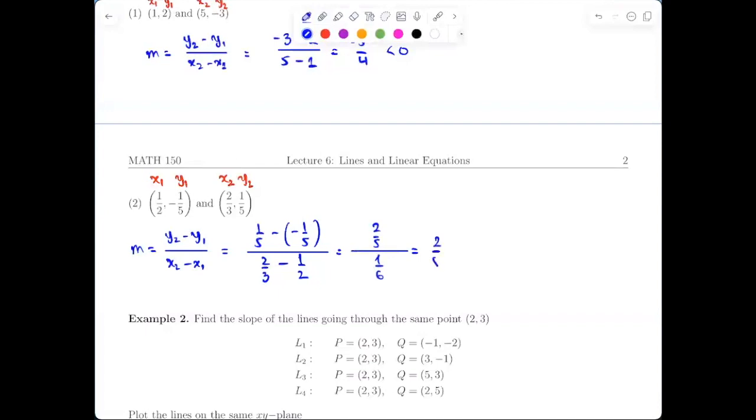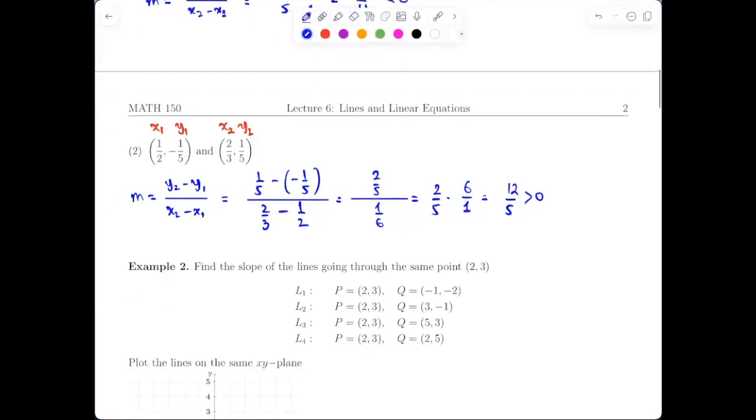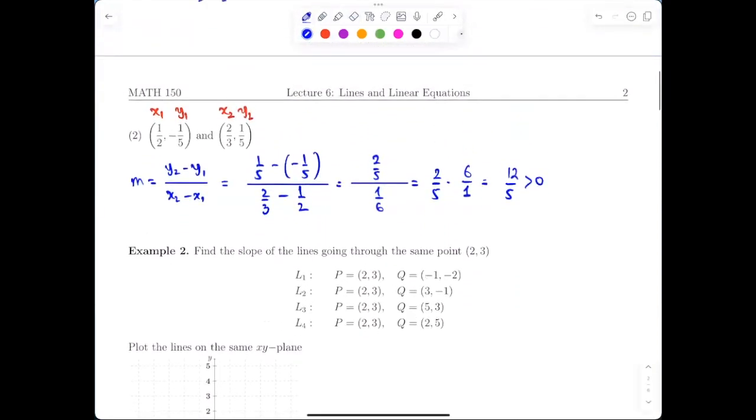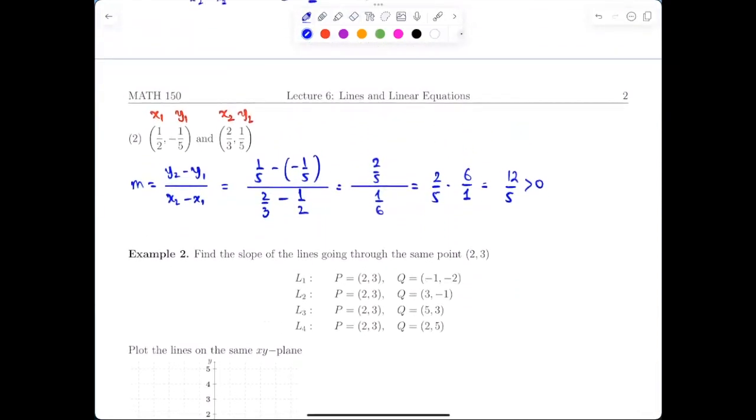So 2/5 times 6/1 gives you 12/5. Now this one is a positive number. Just give me the answer. I want to build up something for later concepts.